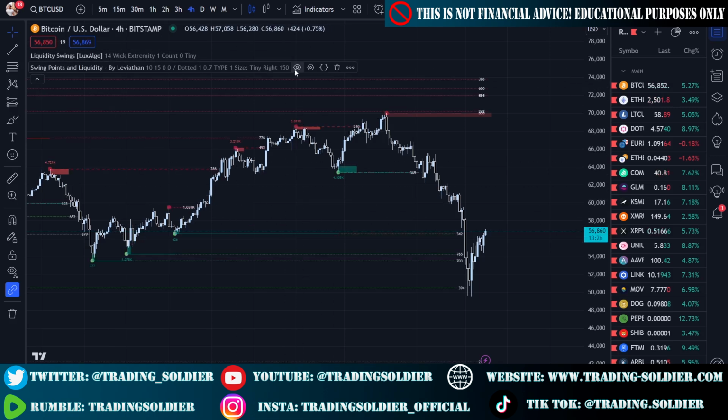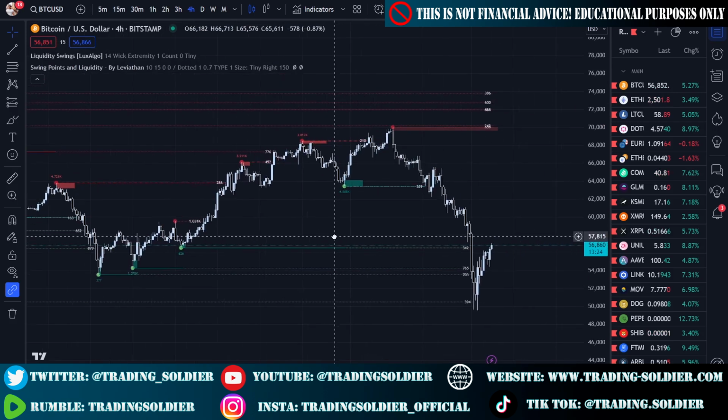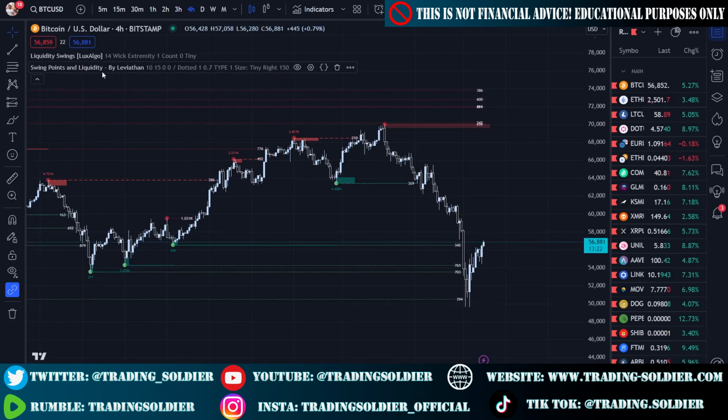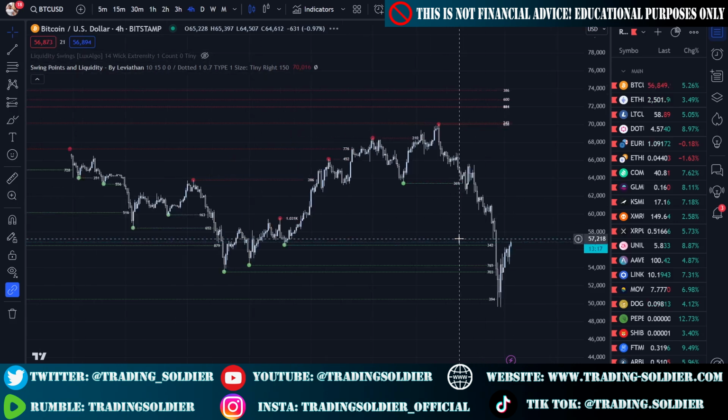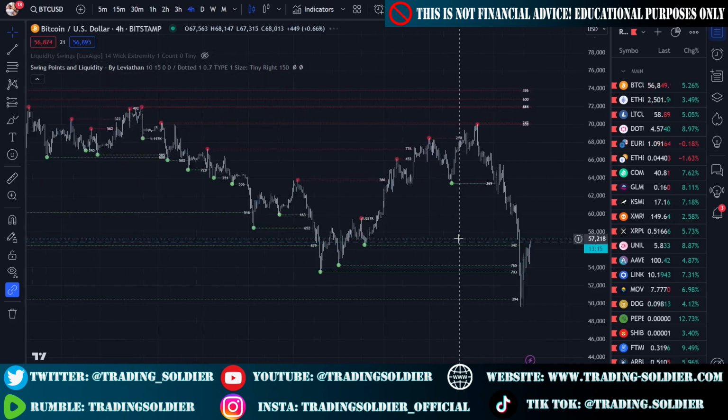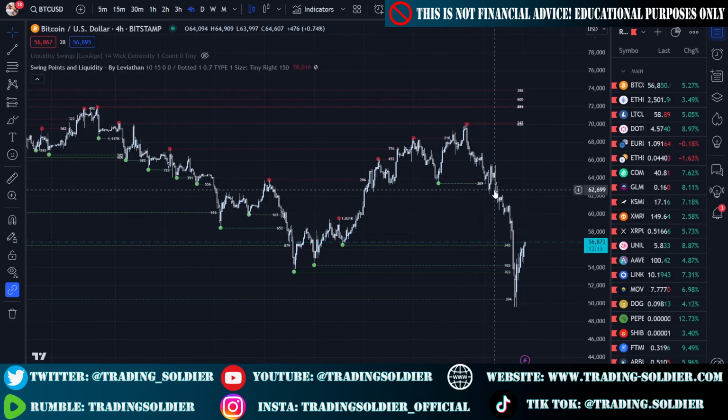But if you prefer to use an indicator, I encourage you to use the Swing Points and Liquidity by Leviathan, because I think it is more visual and easier for you to understand. And also, it has a look back period. What is a look back period?